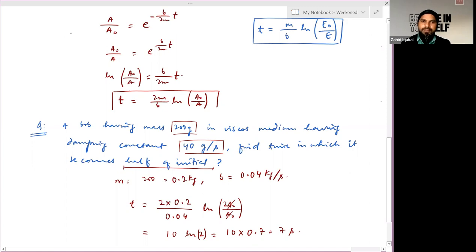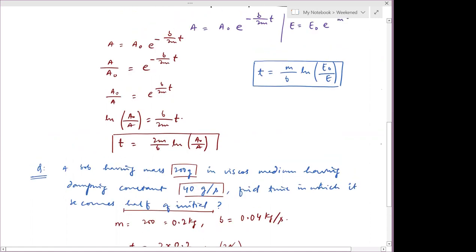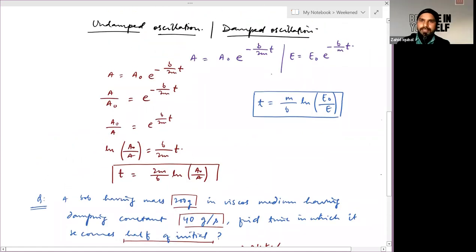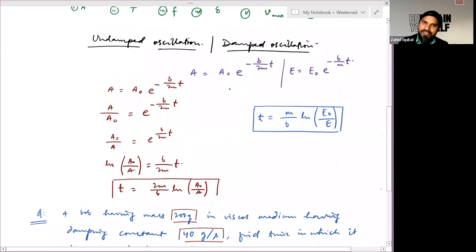Saifullah, any doubt? In the above equation, can you say what's E again? Small e or capital E? Both. Small e is the exponential function. I defined it for you in damped oscillation.